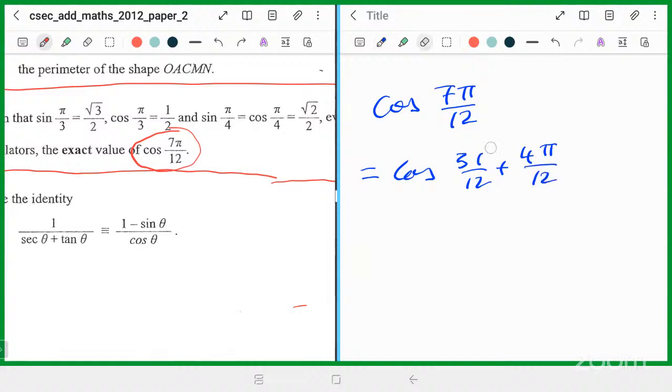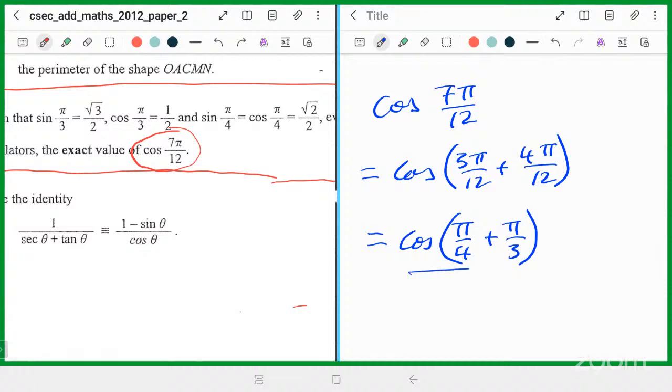I've broken up the 7 pi by 12 into 3 pi by 12 and 4 pi by 12, which becomes pi by 4, since 3 goes into 12 four times, and pi by 3, since 4 goes into 12 three times. So it becomes cos of pi by 4 plus pi by 3.